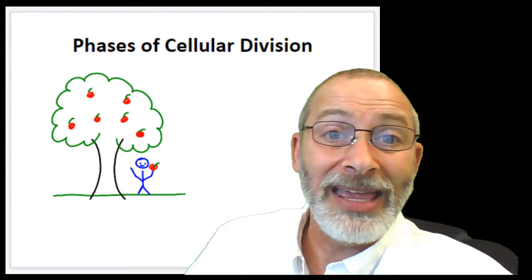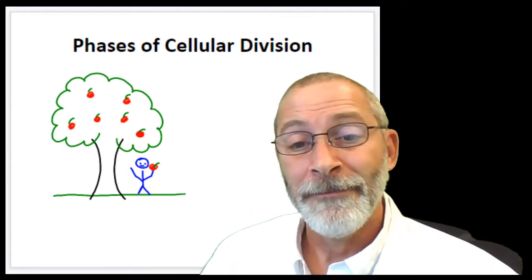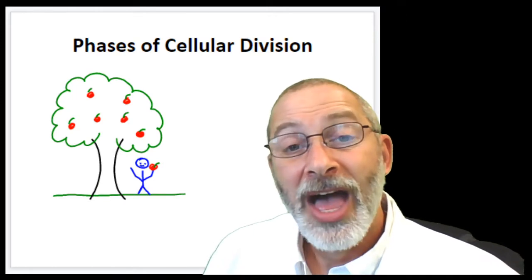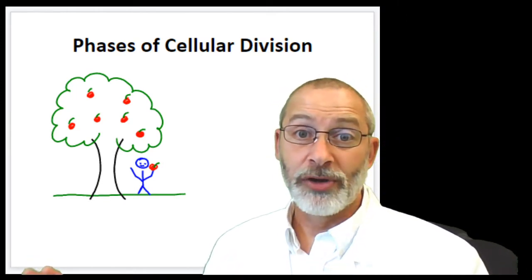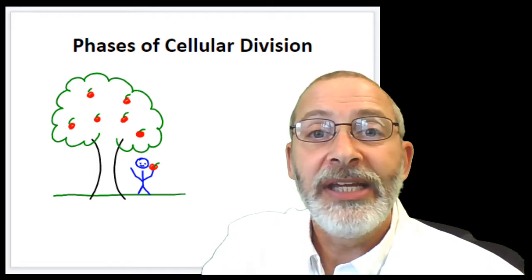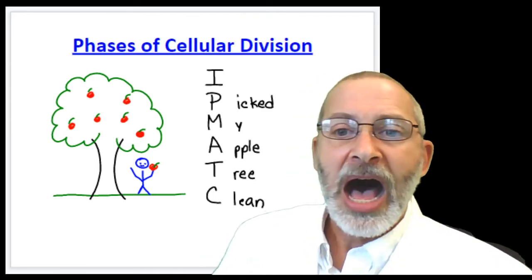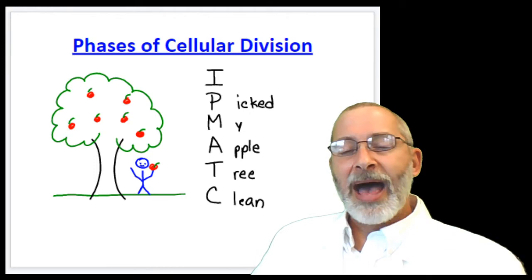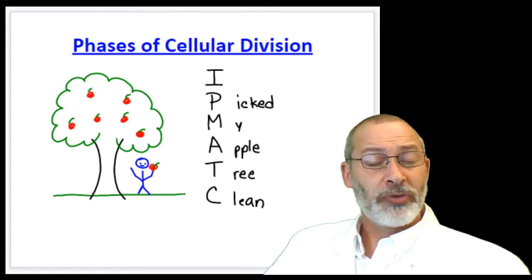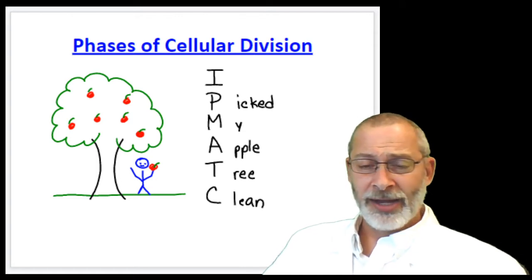Now, I like apples so much that if I had an apple tree, you know what I would do? At the right time of year, of course, I would pick my apple tree clean. I picked my apple tree clean. I think that's a simple little sentence you could write down in your book as a memory aid.